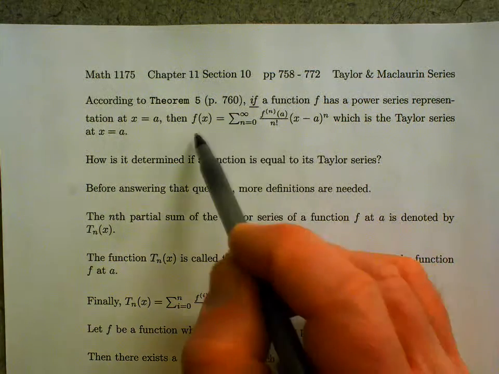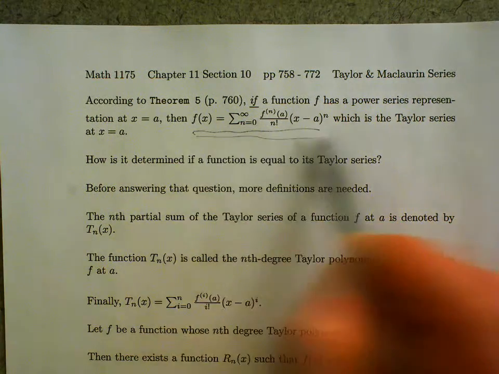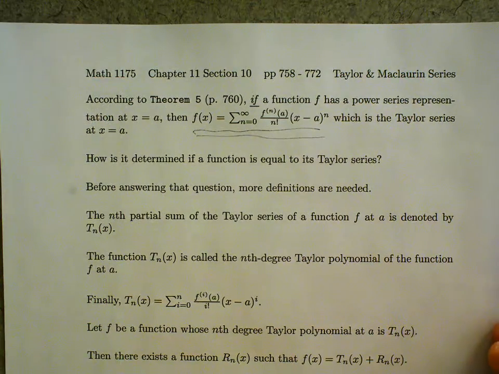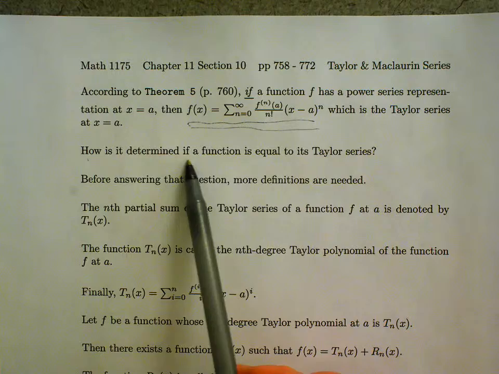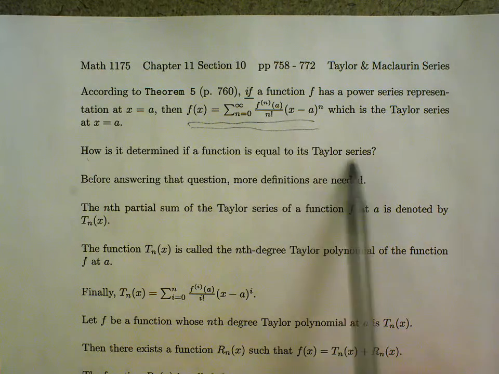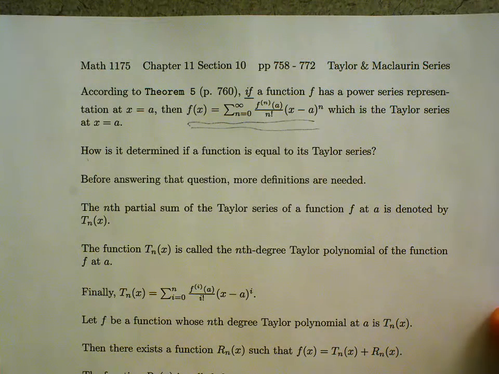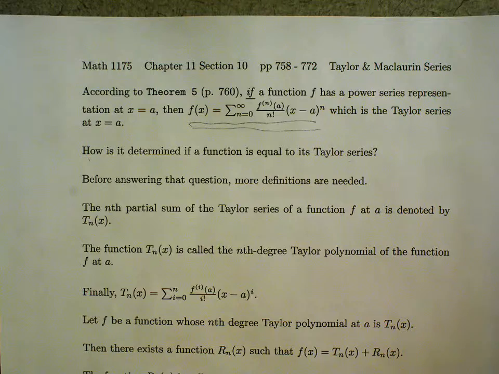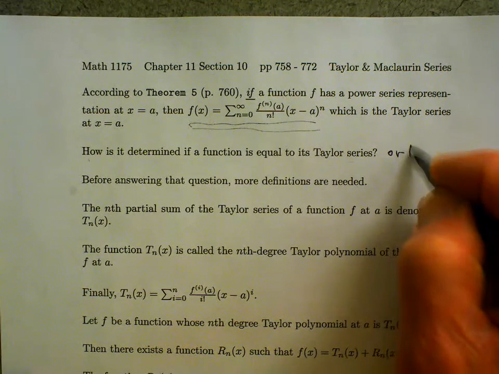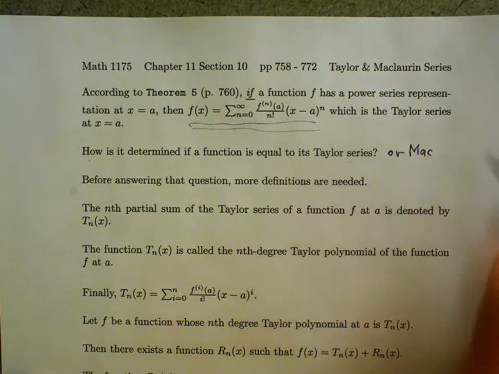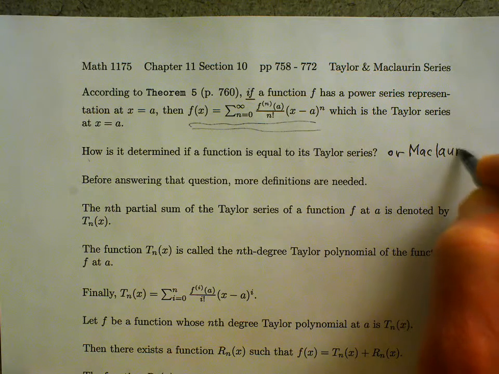So this is what we saw on the previous pages. So the question is, how is it determined if a function is equal to its Taylor series? Or Maclaurin series, since a Maclaurin series is just a special case of a Taylor series.